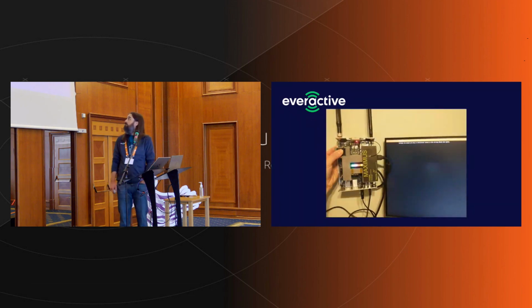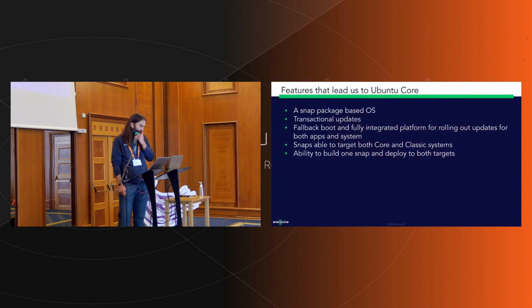So I believe this is a picture of me holding the first prototype of our Apex device, and it's booting Ubuntu Core. I think that was the first time it had ever booted Ubuntu Core. Again, if you've been in any other sessions, all of these features are going to sound really familiar.